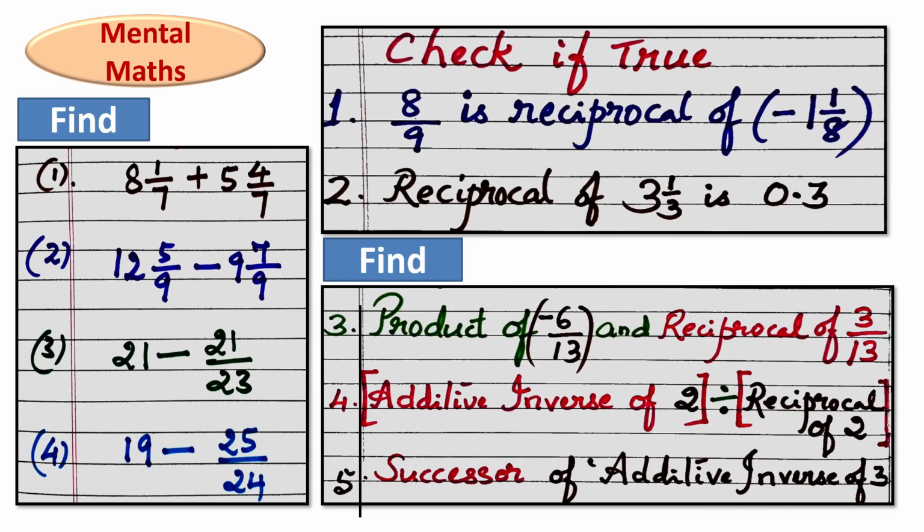Here are a few mental maths problems. They are based on the operations addition and subtraction and on the concept of reciprocal and additive inverse. The first set, find, has 4 problems: adding 8 1 by 7 to 5 4 by 7, and 12 5 by 9 minus 9 7 by 9, and 21 minus 21 by 23, and 19 minus 25 by 24.